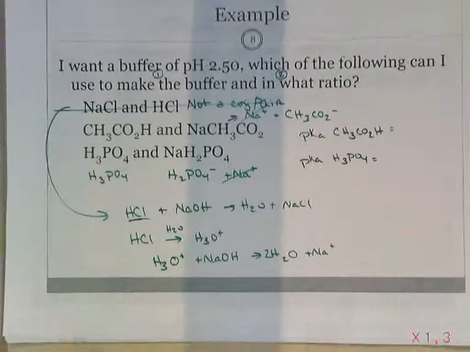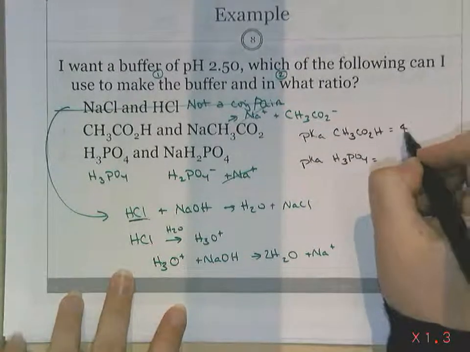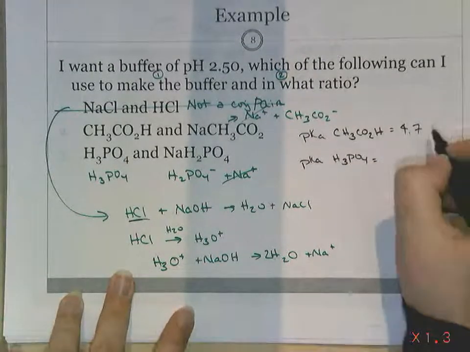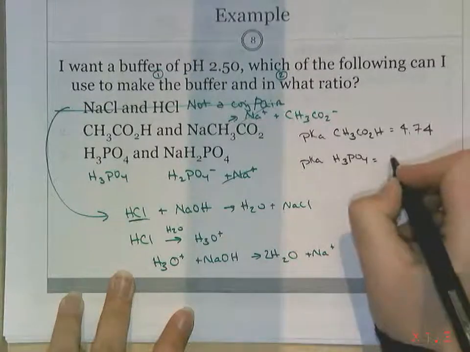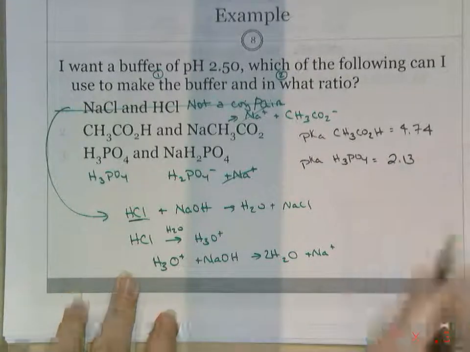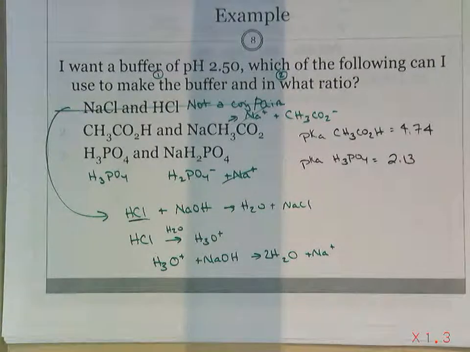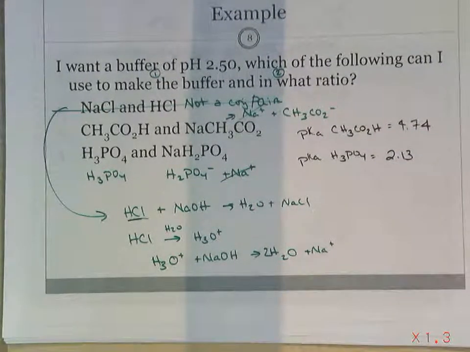We just solved that. This was 4.74. And this, I'll look up on my table, has a pKa of 2.13. Of those 2 choices, the first choice or the second choice, what is the better choice to make a solution of pH 2.5? Second choice.